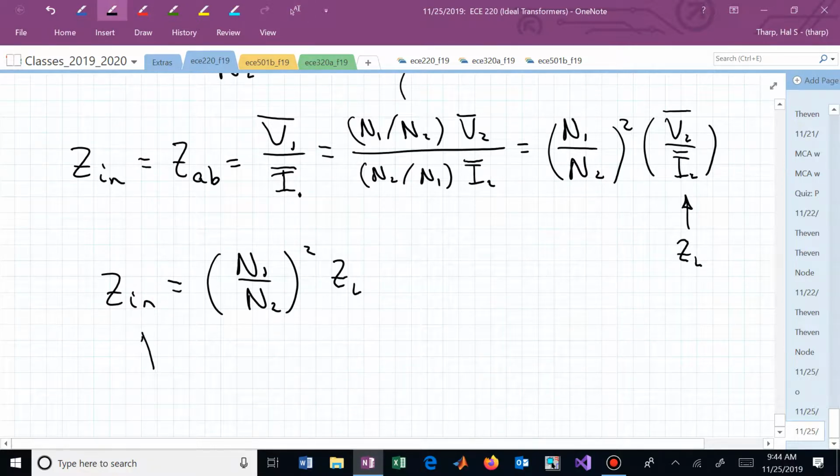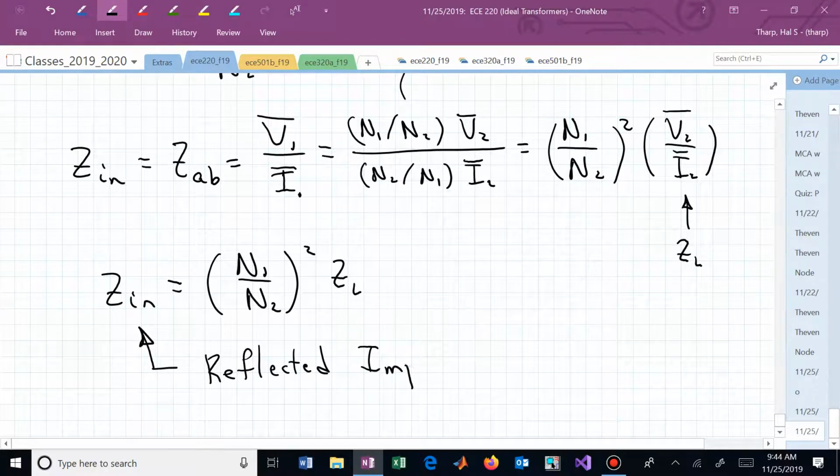Or you might hear this referred to as the reflected impedance. And someone might refer to the N1 over N2 or the N2 over N1 as your turns ratio.